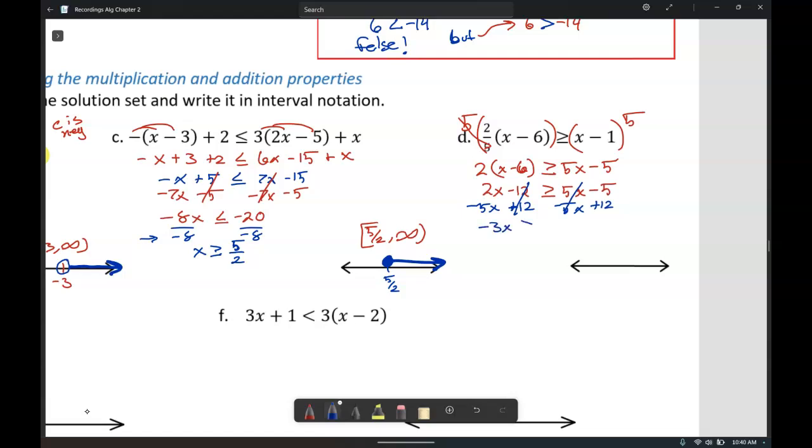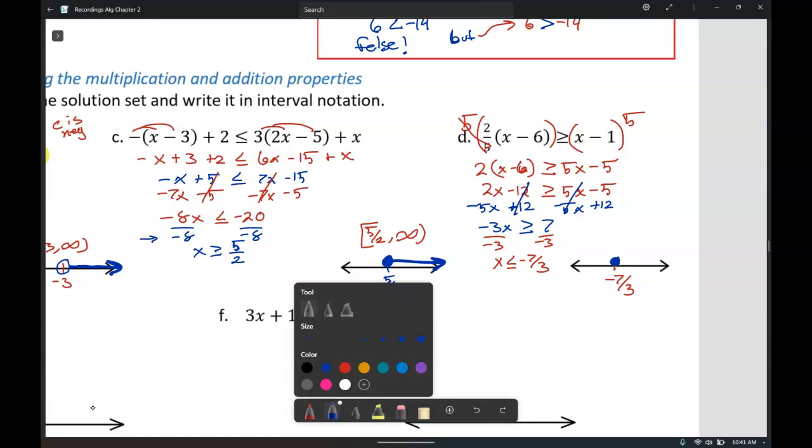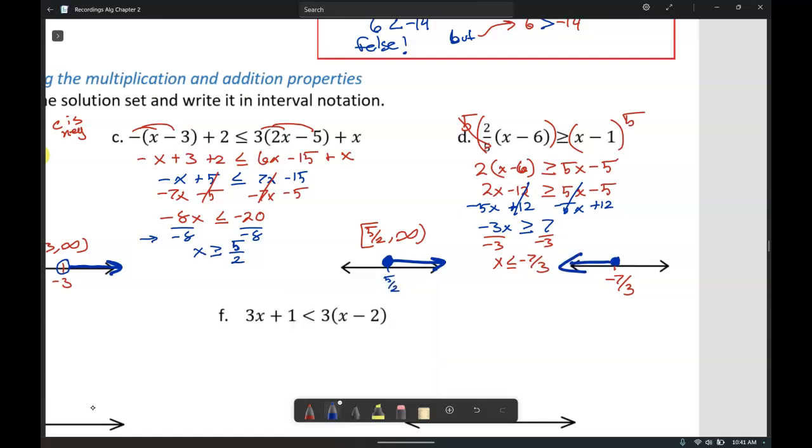Negative 3x is greater than or equal to 7. Divide both sides by negative 3 and remember to flip our inequality. So we can go ahead and graph negative 7/3. We're going to have a closed circle, and we shade everything to the left for less than, and our interval notation will be negative infinity to negative 7/3 with a bracket and a parenthesis.